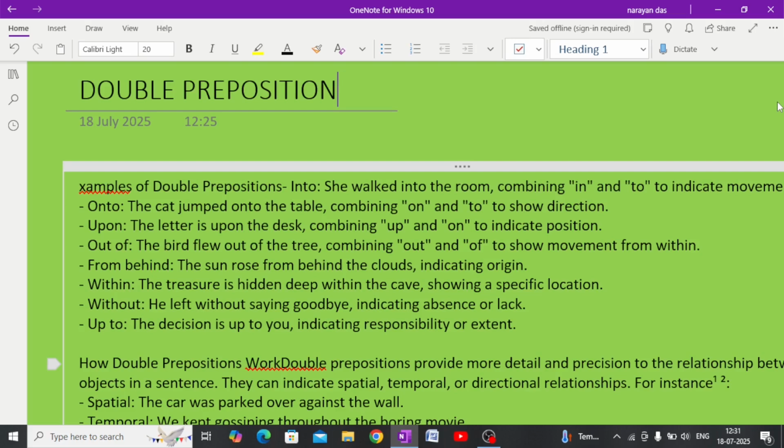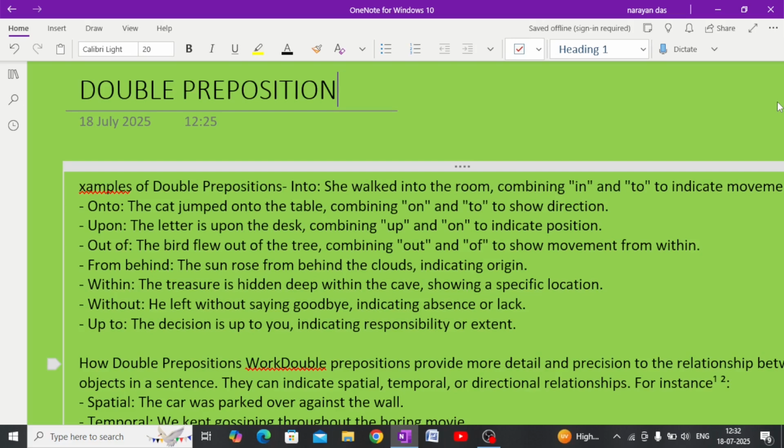For example, in means inside a certain area, that is in the room, in school, in the field, in the theater, in the book, in the mobile, etc. And to indicates movement from one place towards another. So into: in means inside, to means movement, that is, movement from outside to inside.